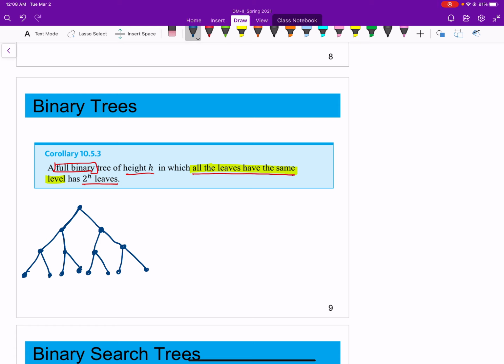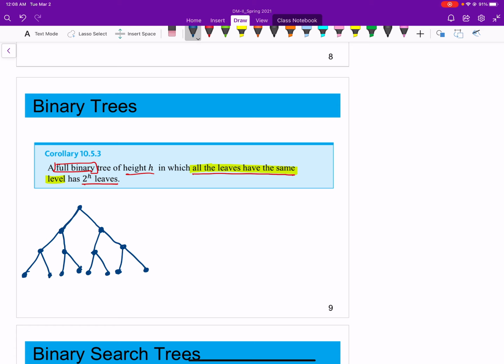This is a binary tree. This is a very special type of binary tree. That binary tree has the same level for all the leaves. Each leaf of this binary tree has the same level.